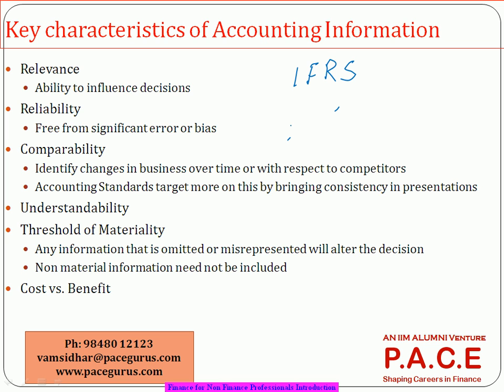Earlier in India, they used to use a mechanism called GAAP, Generally Accepted Accounting Principles of India. Indian GAAP is what it used to be called. So the pooling, the grouping of the transactions, used to happen as per these headings and formats.